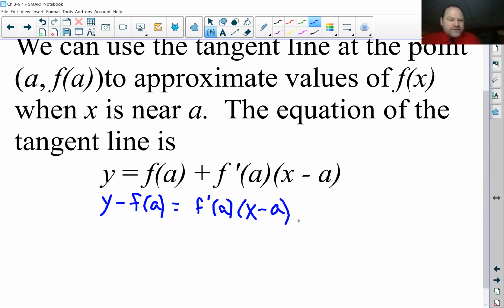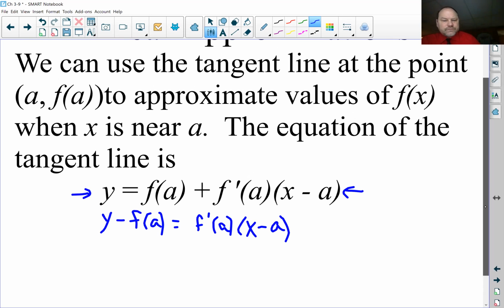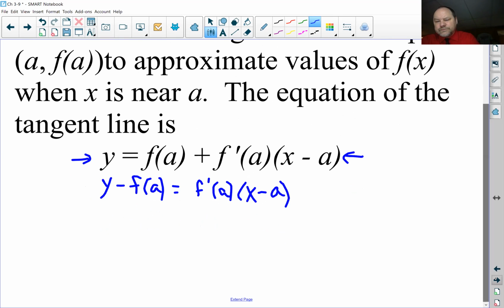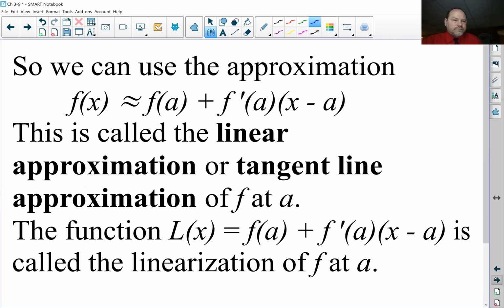So that's where this formula comes from. It's just adding then f of a to both sides to get back to the original form here. So we can use that approximation.